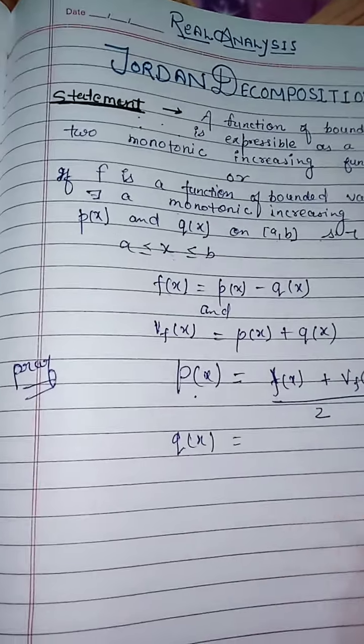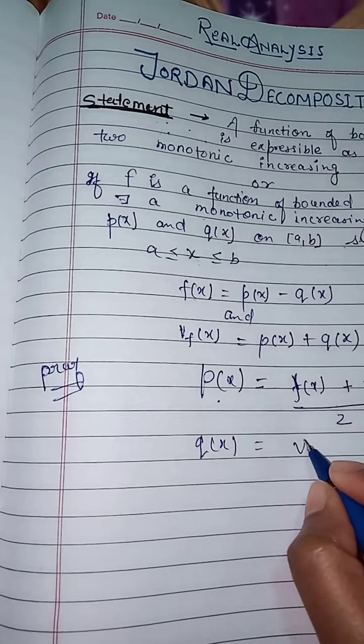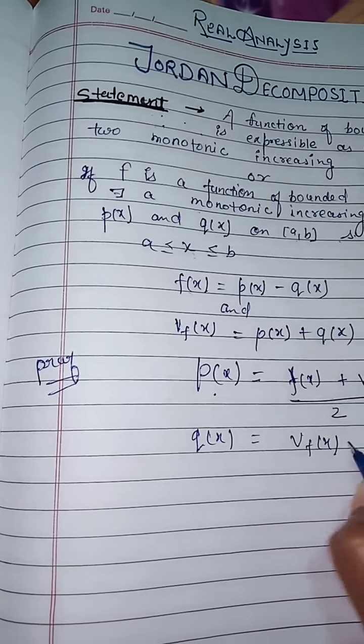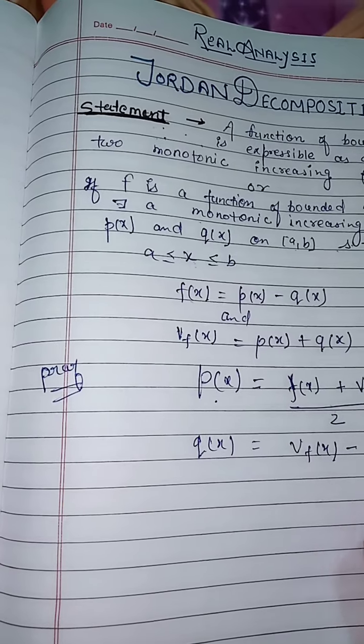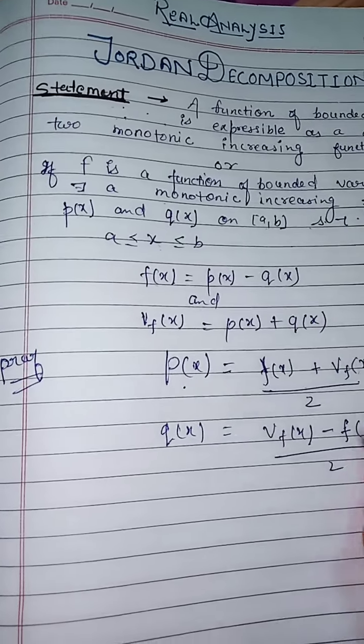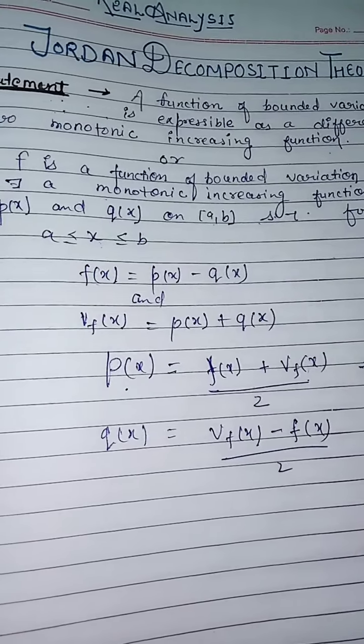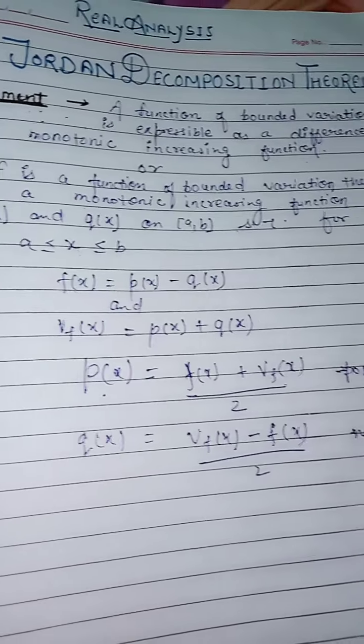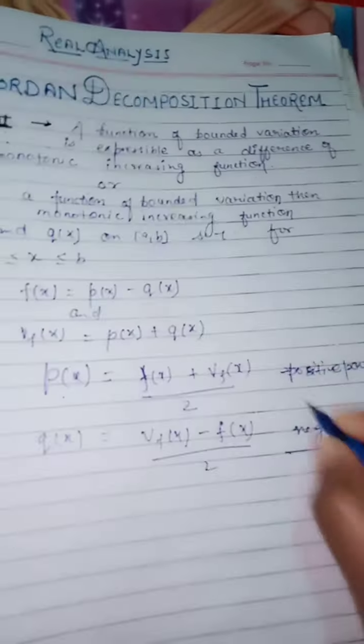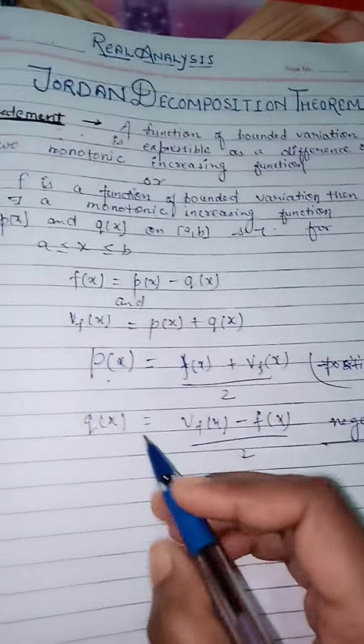And q(x), which is the negative part, is the reverse of this: V(x) minus f(x) upon 2. You can write just the negative of this, so it is the negative part.